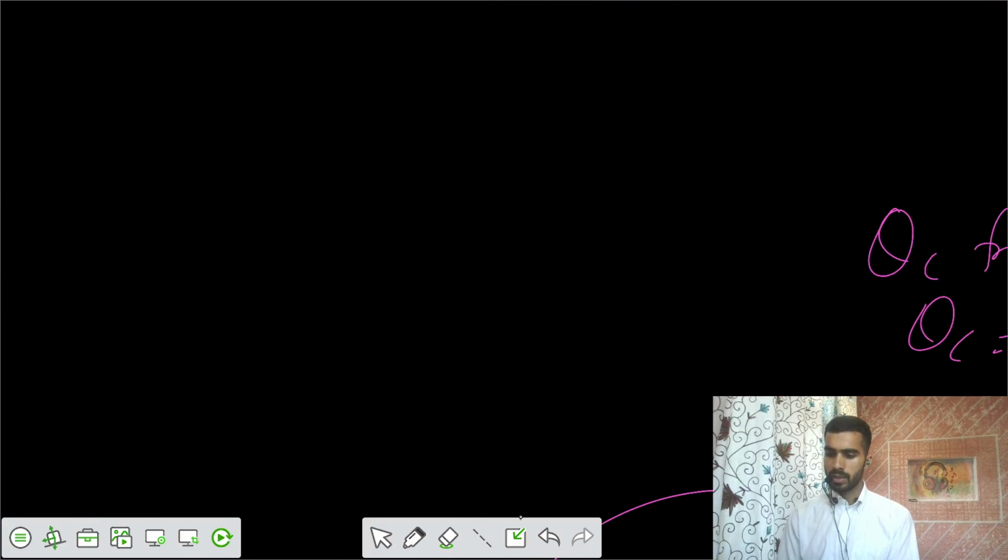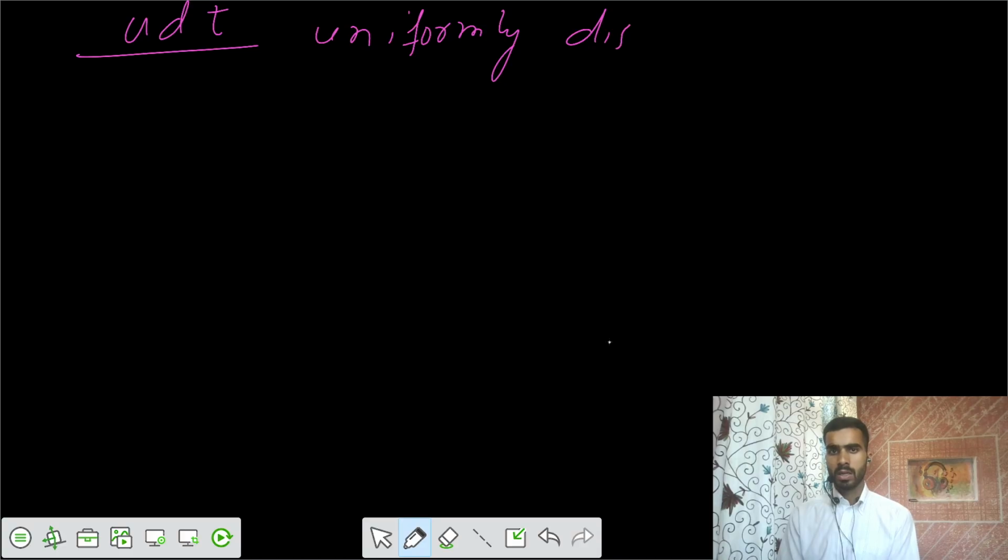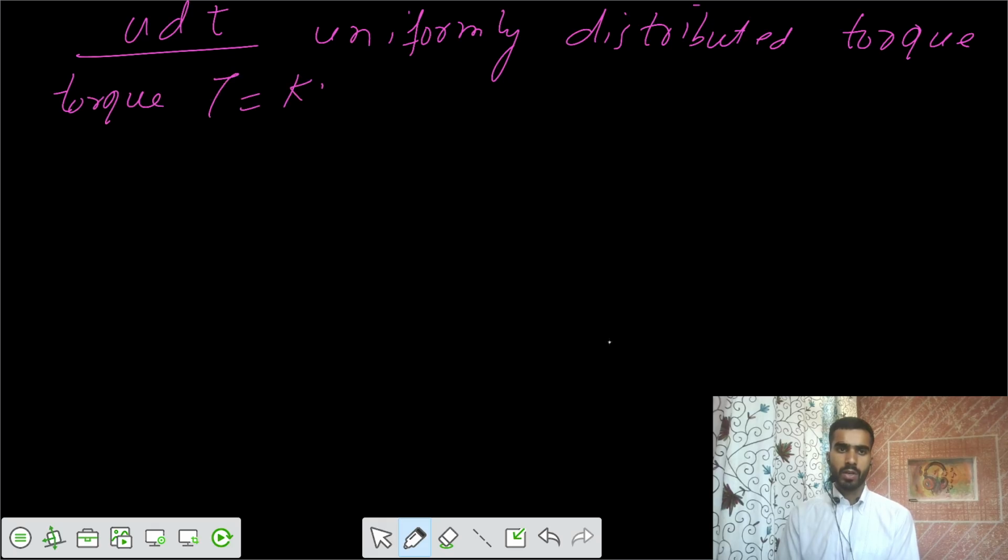Now the thing is that if you have uniformly distributed torque, we can call it UDT, uniformly distributed torque. So if the torque is there, we have the unit of torque equals kilonewton meter.